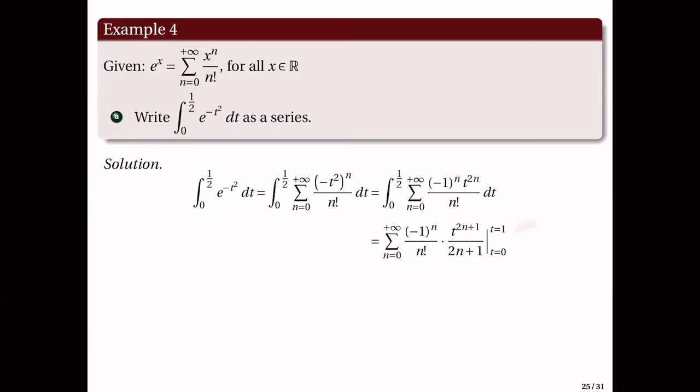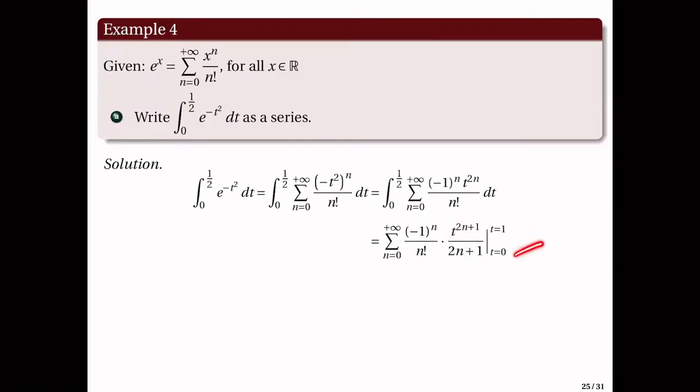Okay? When t is equal to 1, so 1 lang ito, our resulting series is the summation from n equals 0 to positive infinity of negative 1 raised to n over n factorial times 2n plus 1.